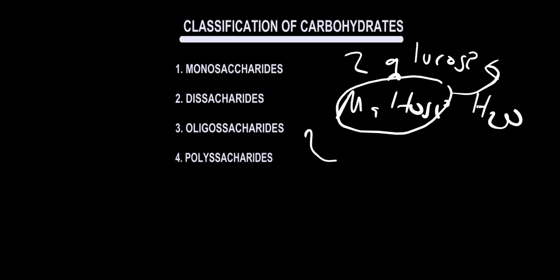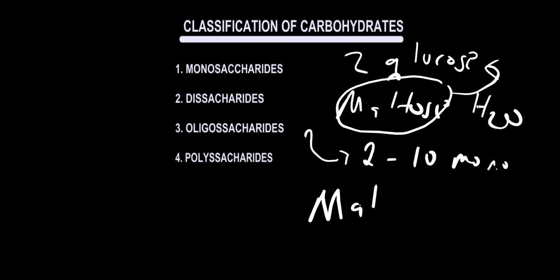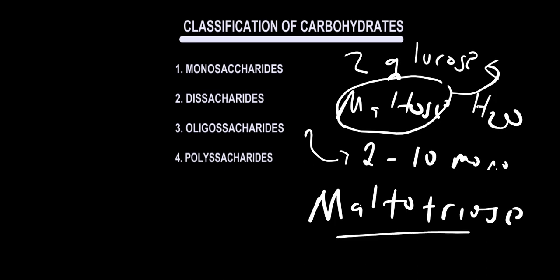Oligosaccharides yield 2 to 10 monosaccharides. An example you can give under oligosaccharides is maltotriose.